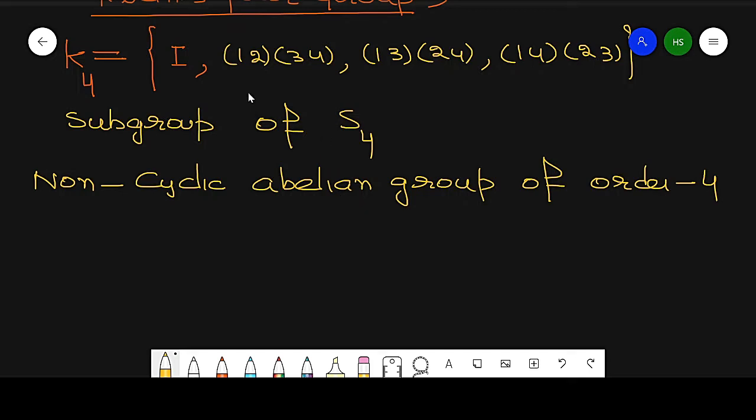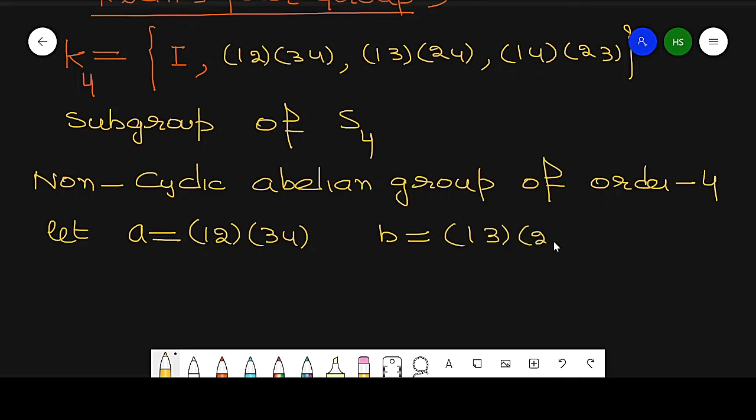Now, the elements of this group are of this kind. In K4, if I take one as the A element and another as the B element, then the product will be the AB element. So if I take A as (1 2)(3 4) and B as (1 3)(2 4), what is the product?